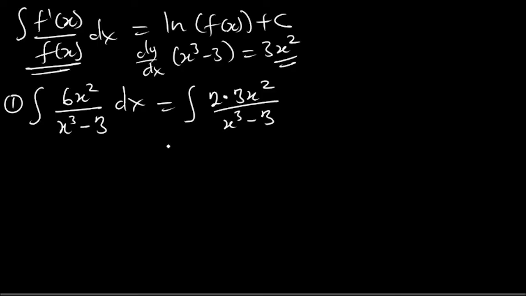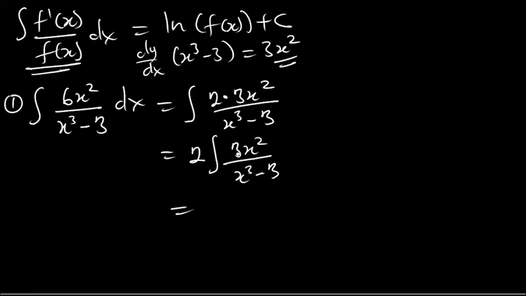Since this is a constant, I can bring it out, making 2 multiplying 3x squared over this whole thing, x cubed minus 3. Then we are getting it in this form, meaning now the derivative of the denominator is equal to the numerator. And we already know what this is going to give us.